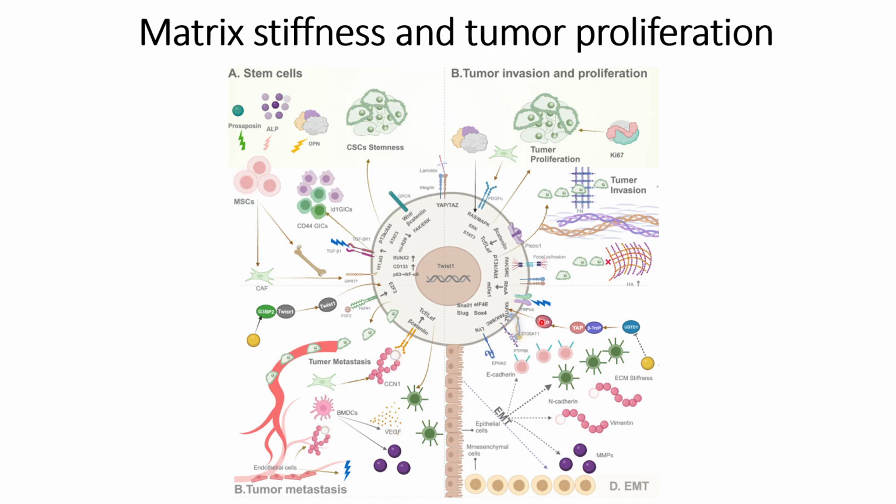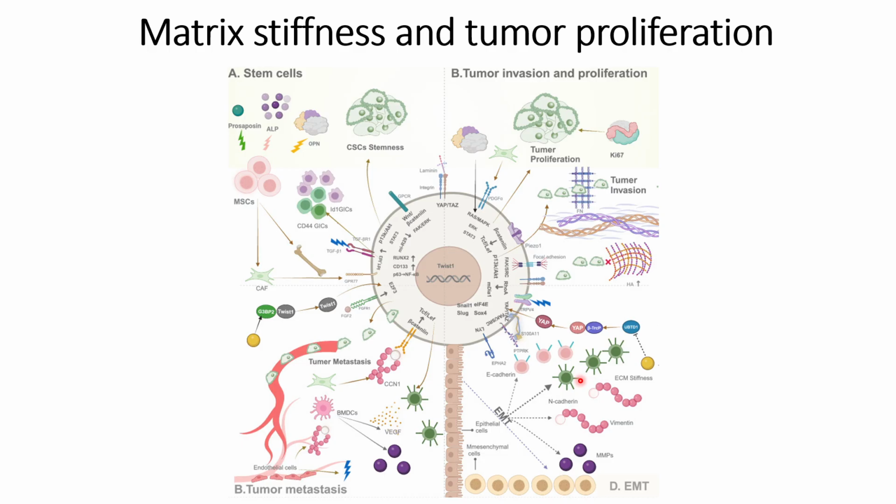And the last main relation between stiffness and tumor is about the EMT. In the EMT, mesenchymal characteristics such as N-cadherin go up, and also snail goes up, and the epithelial markers such as E-cadherin go down, and these things lead to the EMT.